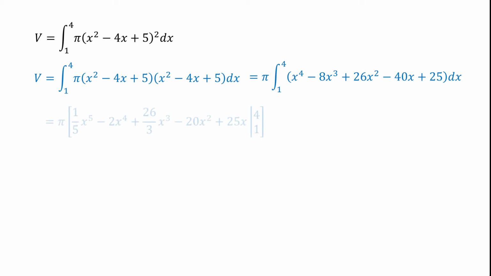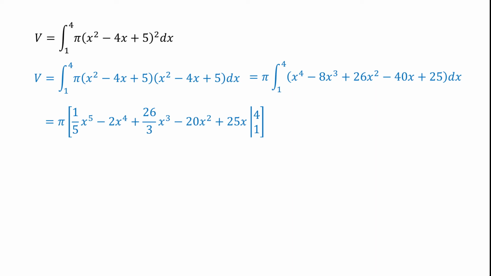Now let's integrate. We'll have pi times the integral of x to the 4th. We raise the power by 1, so it'll be x to the 5, 1/5. We divide by the 5. Minus, where we had 8x cubed, that becomes a power of 4. So 8 divided by 4 gives us 2x to the 4th. Plus 26x squared. The integral of x squared is 1/3 x cubed.